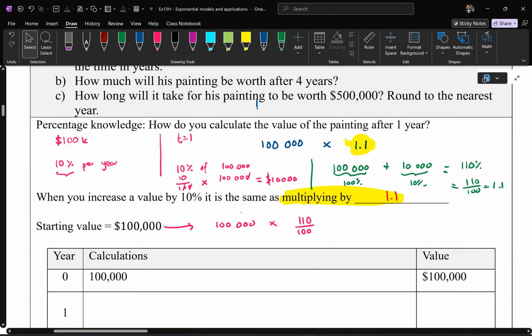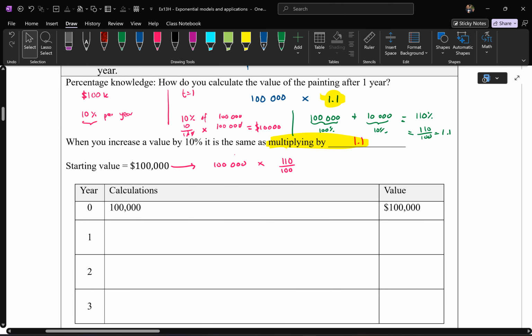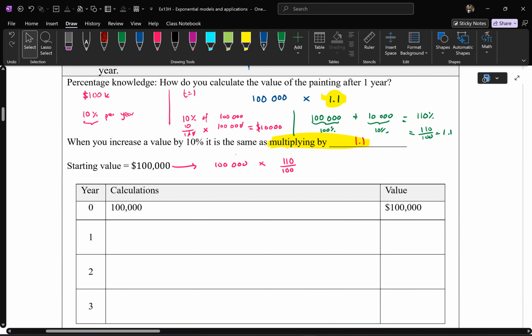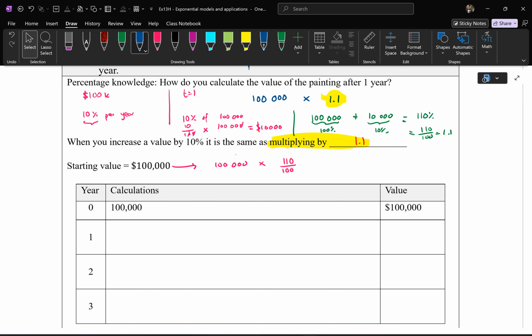So let's look at the mathematics, and then hopefully you can see where exponentials start to apply. We know the technique is the original amount times 110%, which is 110 over 100, or 1.1. So if I start off with the calculations: Year 0, you put in $100,000, still worth $100,000, right?